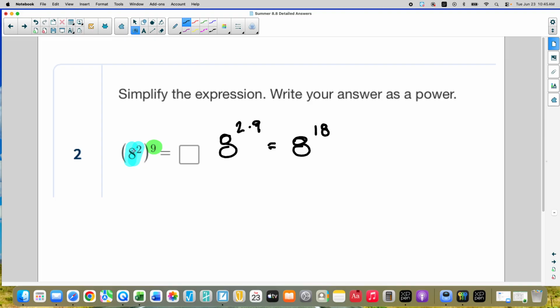And the reason is we have 8 squared times itself 9 times, and there are going to be 9 of those. So that's 2 plus 2 plus 2 plus 2, 9 times, or 2 times 9. So you get 8 to the 18th.